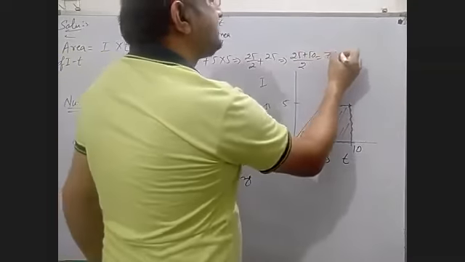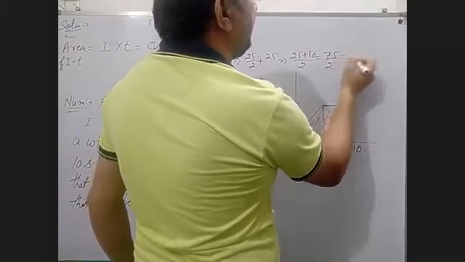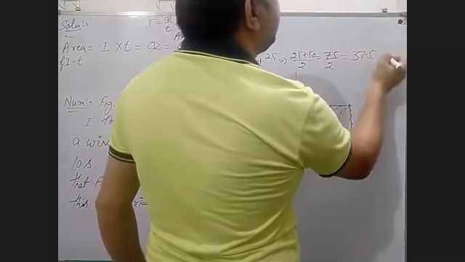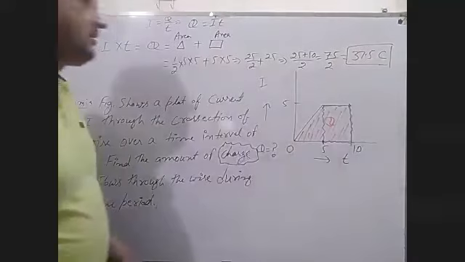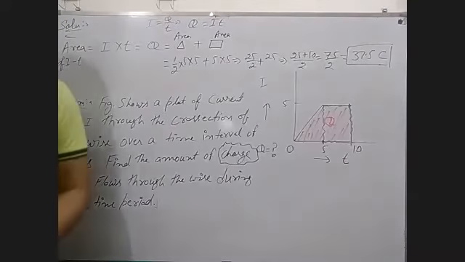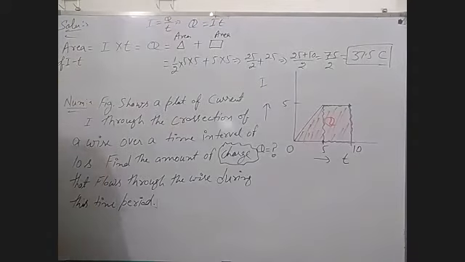This is 75 upon 2, and half of 75 is 37.5. Coulomb is the answer in this case. Okay, understand? Good.